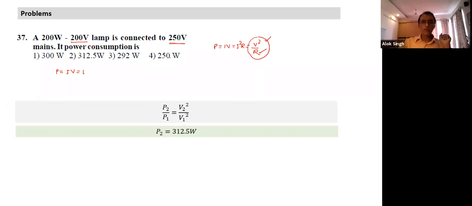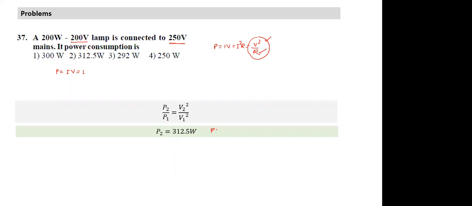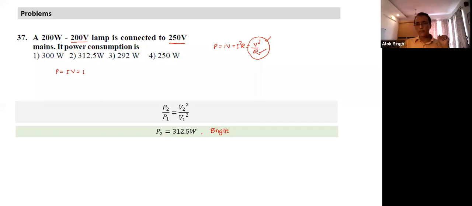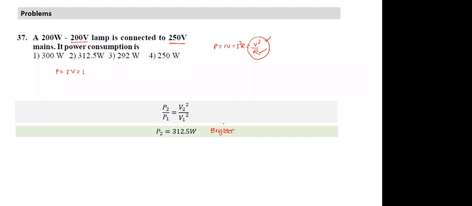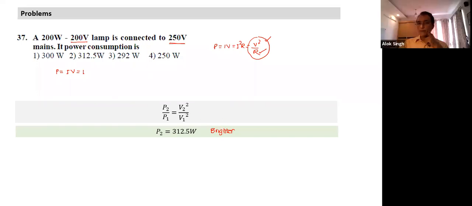So what will happen actually? What may happen if we connect it to higher voltage? It will become more bright, no? The bulb will appear brighter. Right. But do you feel any problem with connecting it to a higher voltage supply? No. What may happen? More bright means what?